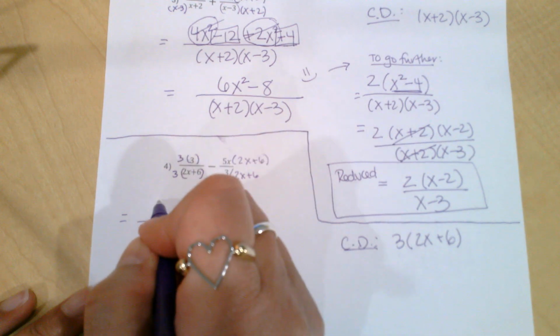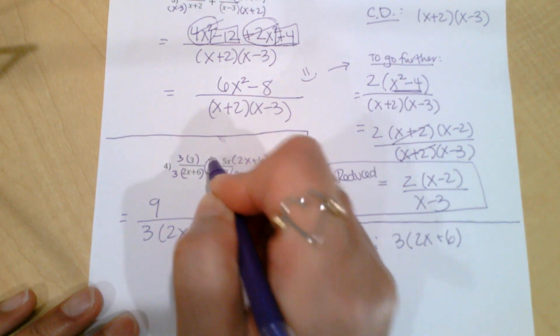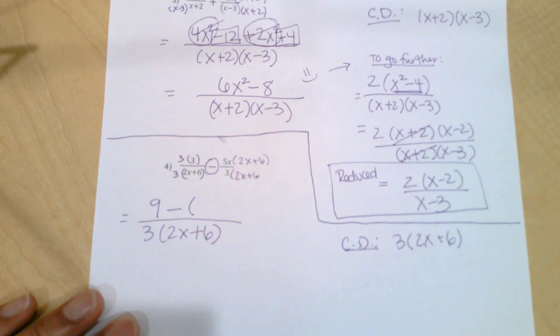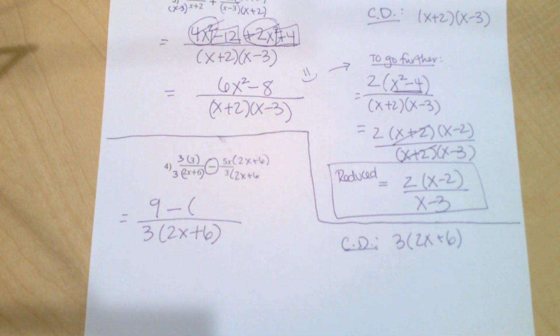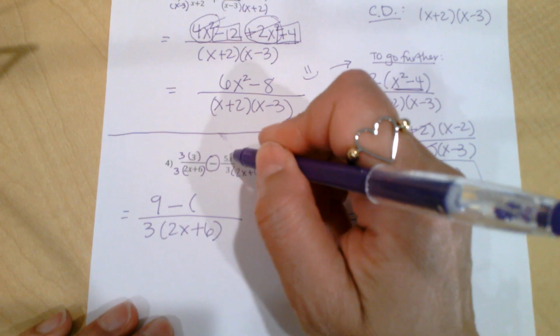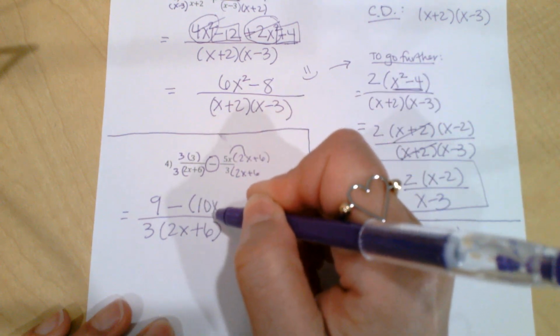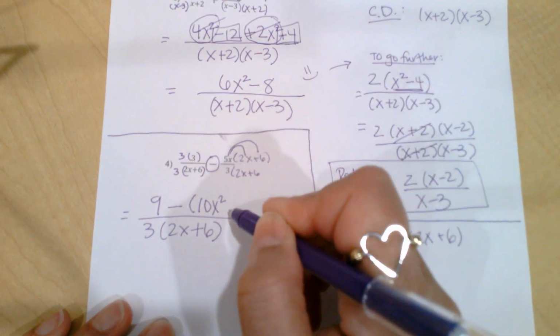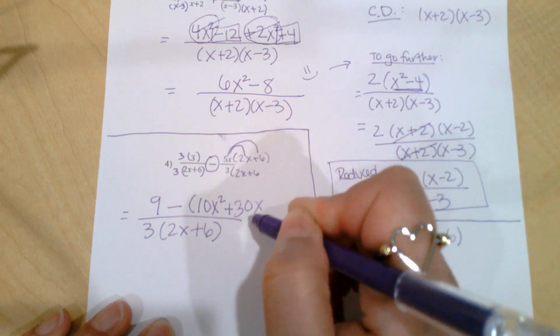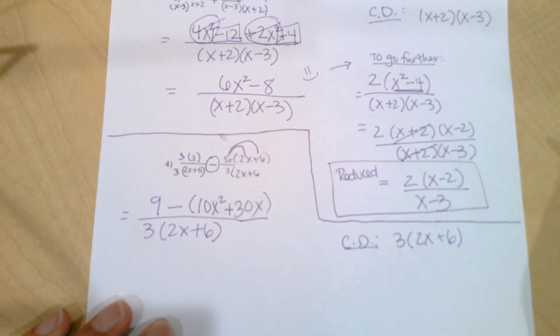So 3 times 3 is 9. I see I have a minus, so I'm going to put minus, and I'm automatically going to open my parentheses because it's minus, and we're going to have to distribute that negative. So 5x times 2x is 10x squared. 5x times 6 is positive 30x. Okay.